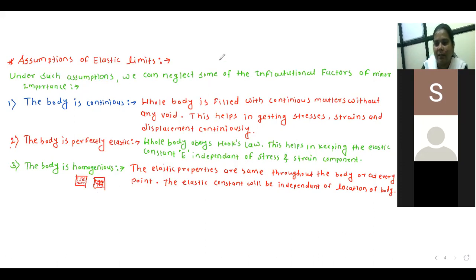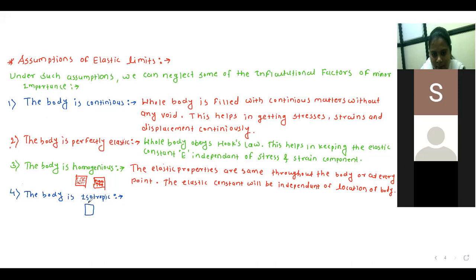Now we will take the next assumption, assumption number 4: the body is isotropic. When we say the body is isotropic, already you know that. Anyone please? Elastic properties are same in all directions.